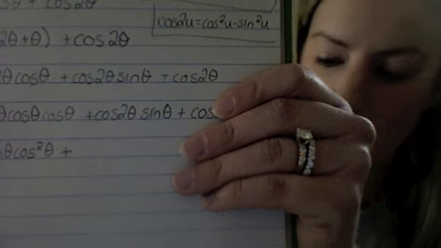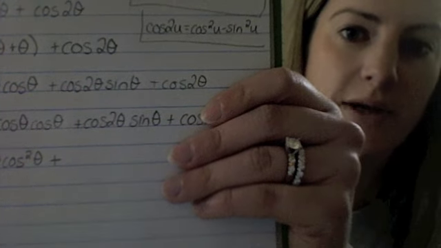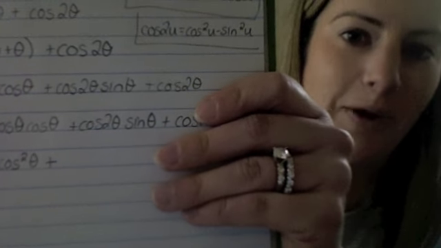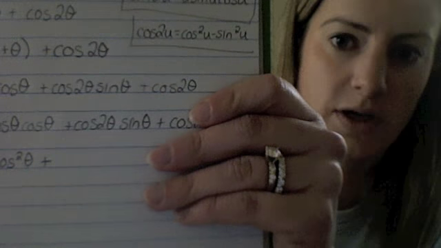Now we talked about how there were 2 other options as well. I mean, we can create any that we want, but I'm going to use this one. So let me replace it. Now I've got cosine squared theta minus sine squared theta, and that whole thing, of course, times sine theta.